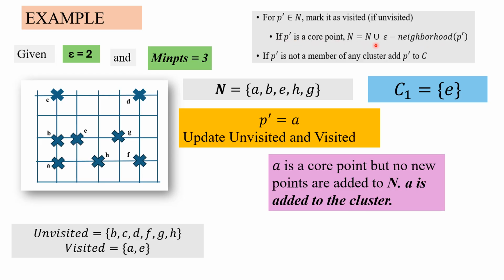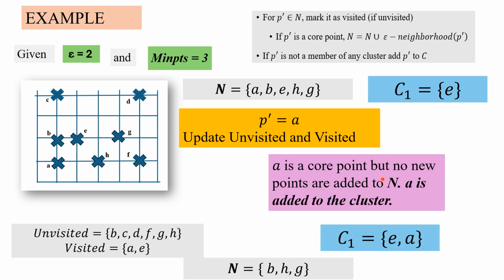We include its neighborhood into N. However, the epsilon neighborhood of A includes all those points which are already in N. So no point is added to N, and P dash is not a member of any cluster, so add to C. So this is our state. Our N has now come down to BHG because A and E are processed, BHG, and C1 now has been expanded to include A along with E.